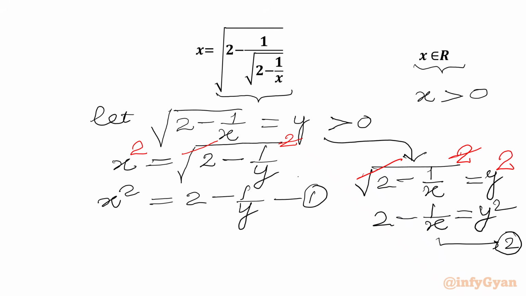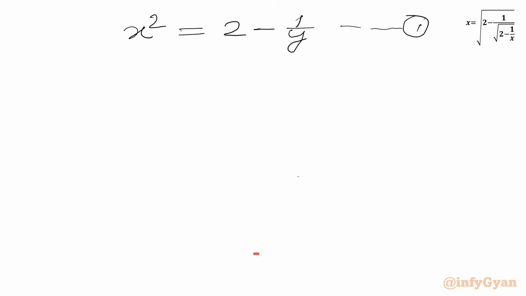Now I will subtract the second equation from the first one. So equation 1 minus equation 2. We will write x square equal to 2 minus 1 over y. This is our equation number 1. Here we'll write equation number 2, y square equal to 2 minus 1 over x.